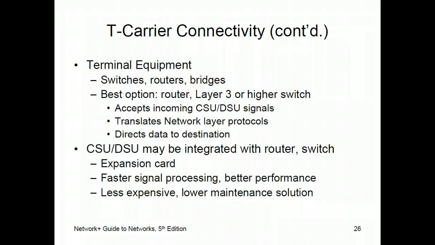They also translate on the network layer data to the destination. CSU and DSUs may be integrated with the router and switch. They do have an expansion card, kind of like the NIC card we did last week, that can be put in the device. Faster signal processing, better performance. They're cheaper and lower maintenance for this type.